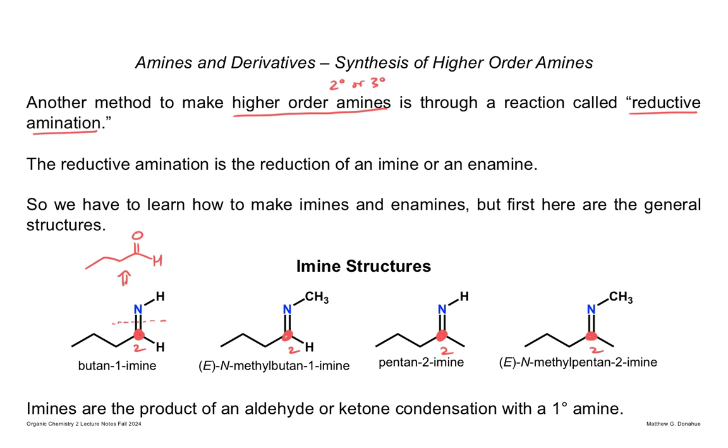So the top part of that molecule already has 1 H, so it would need 2 more. So we would say that comes from ammonia. So ammonia plus butanol will condense. They'll lose water to form the imine.